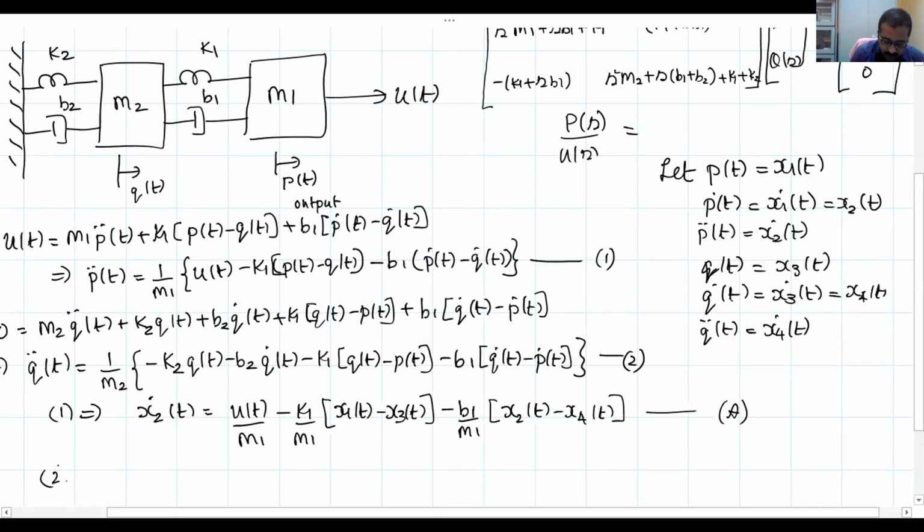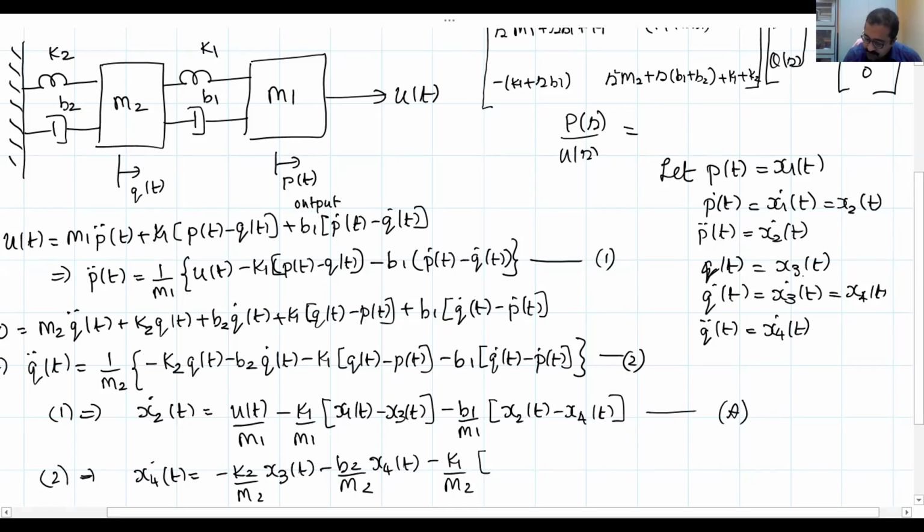Similarly, equation 2 will imply what? Q double dot T is x4 dot. So x4 dot T equals minus K2 by M2 into Q of T, where Q of T is x3 of T, so x3 of T, minus B2 by M2 into Q dot, where Q dot is x4 of T, minus K1 by M2 into Q of T minus P of T. Q of T is x3 of T and P of T is x1 of T, so I can write x3 of T minus x1 of T, minus B1 by M2 into Q dot minus P dot.